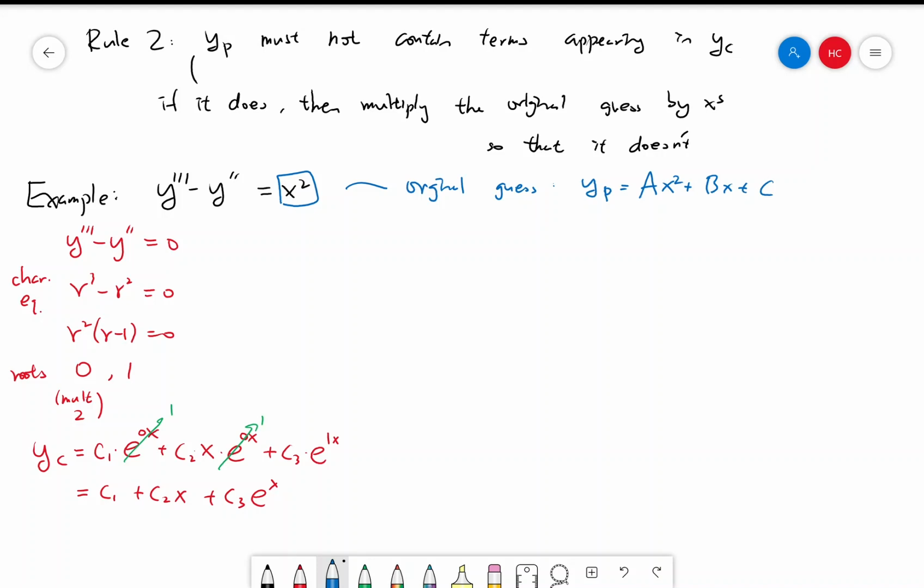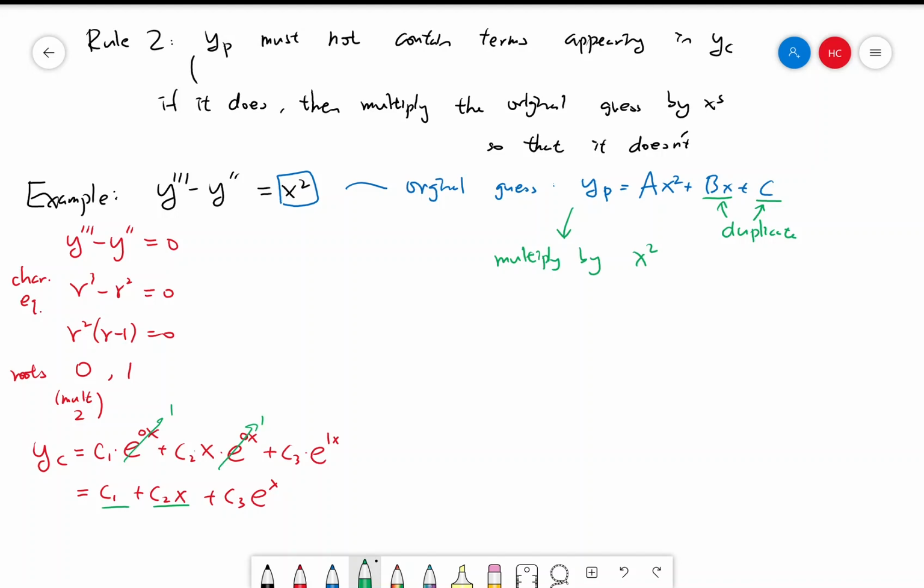But notice that these two terms are duplicated in the complementary solution. And we don't want that. So to avoid duplicates, we have to multiply it by x squared.